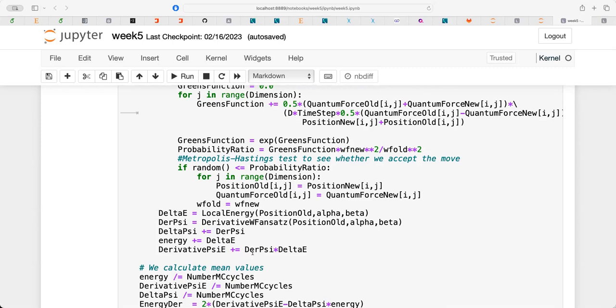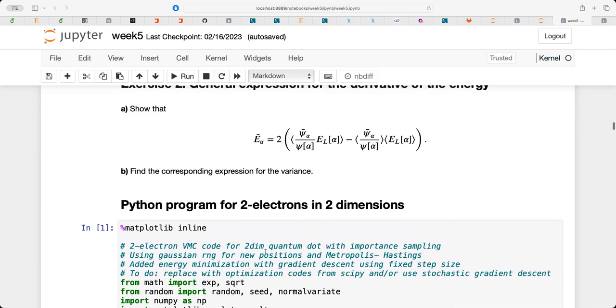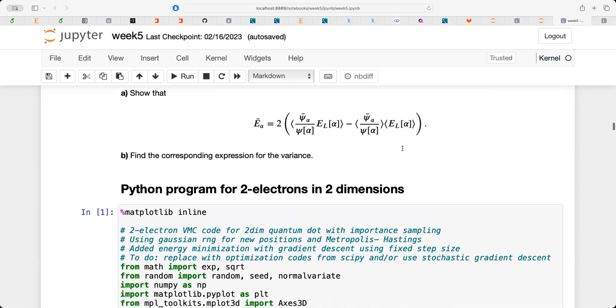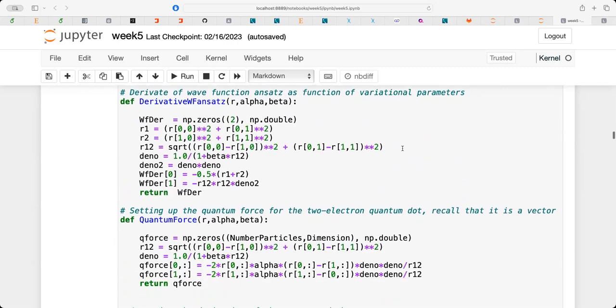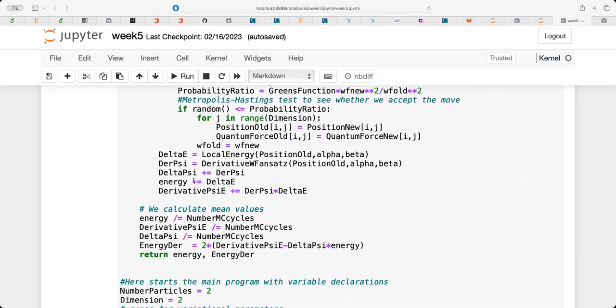And then I have the second derivative, which is the energy times the derivative of the wave function. So I'm setting up the three integrals into those two terms, which you see here. This specific expectation value, and these two expectation values. And when I have that, I have calculated the derivatives, and then I return them.